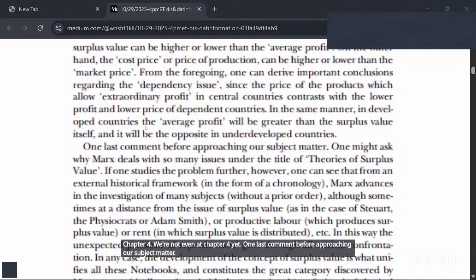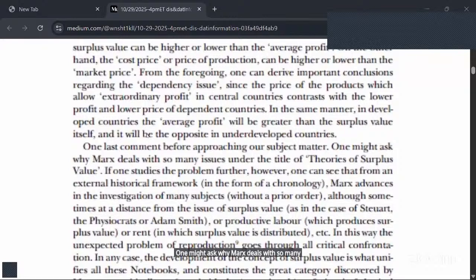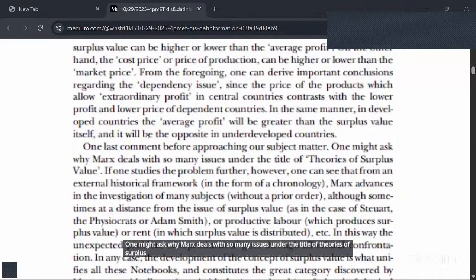One might ask why Marx deals with so many issues under the title of theories of surplus value. Yeah, why is that?